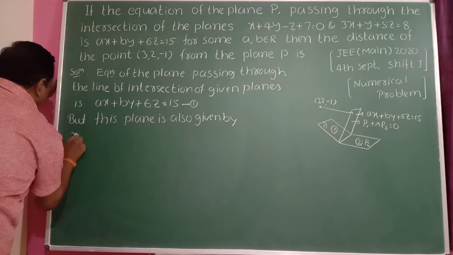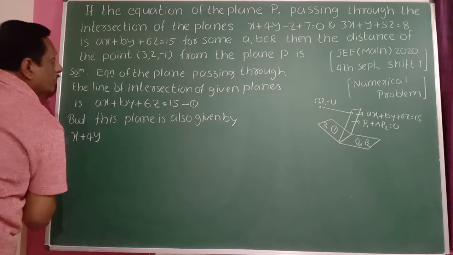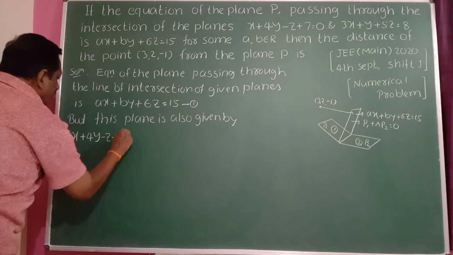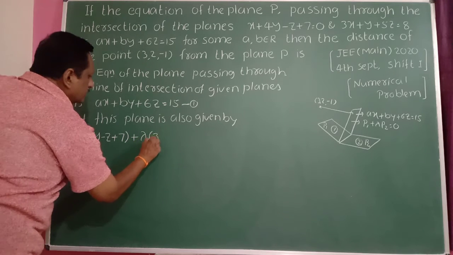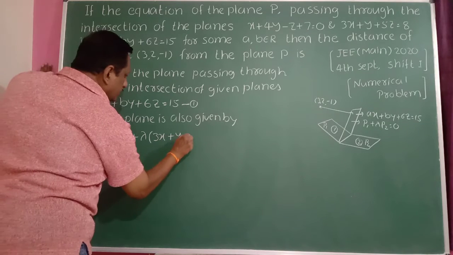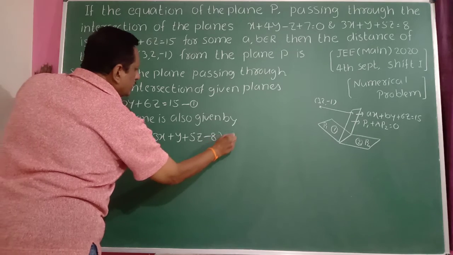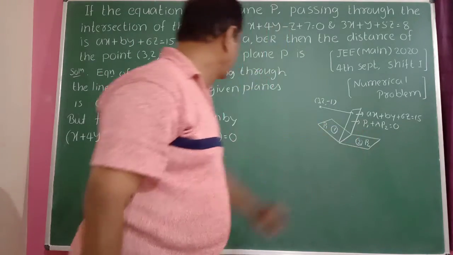So x plus 4y minus z plus 7, plus lambda into bracket 3x plus y plus 5z minus 8 is equal to 0. Okay, we are using this result here.